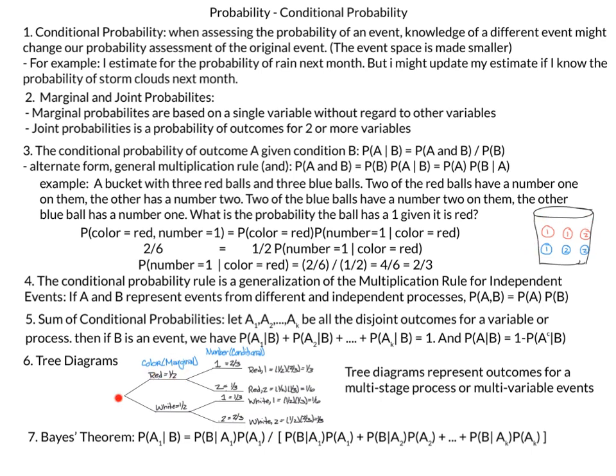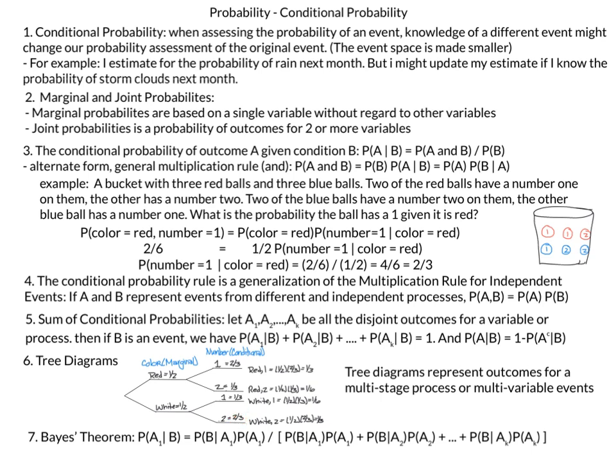If we have followed the branch of the red ball, there is a 2/3 probability of getting a 1 and a 1/3 probability of getting a 2. If we follow the white branch, then there is a 1/3 probability of getting a 1 and a 2/3 probability of getting a 2.